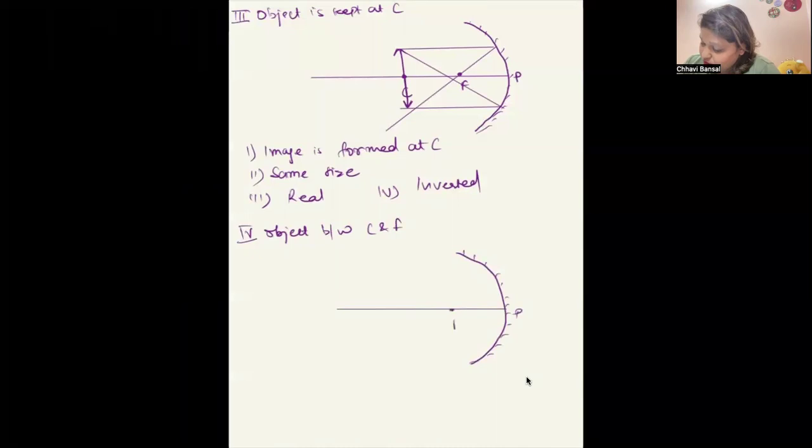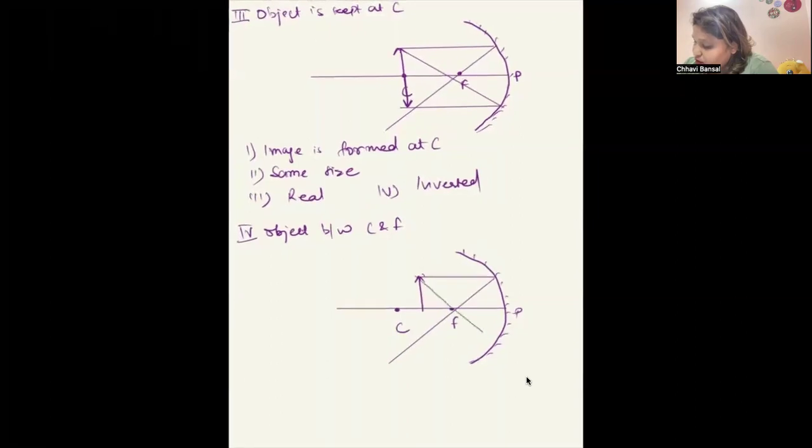F, C. Okay. Now the object is kept between F and C. Again, let's draw a line. Okay. Let's draw the other line.